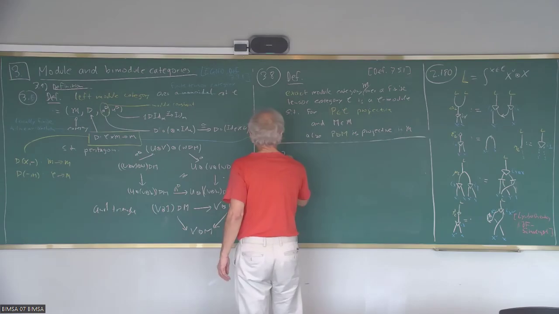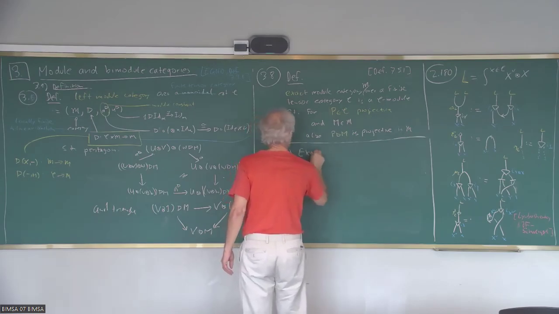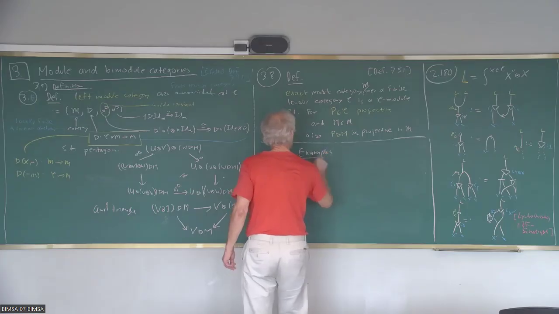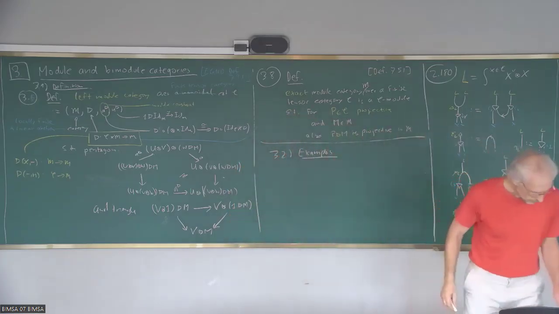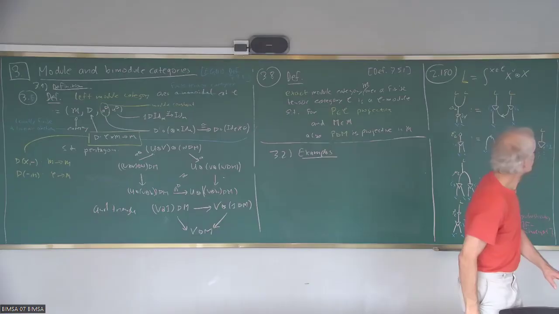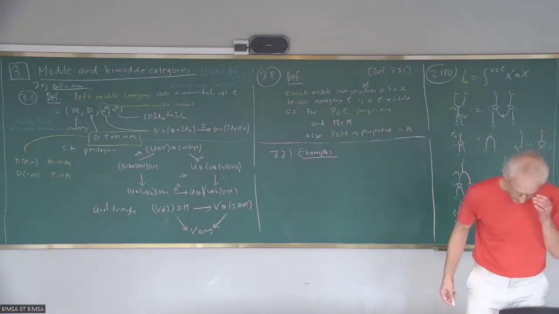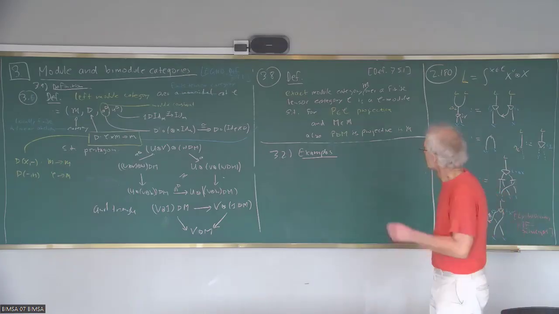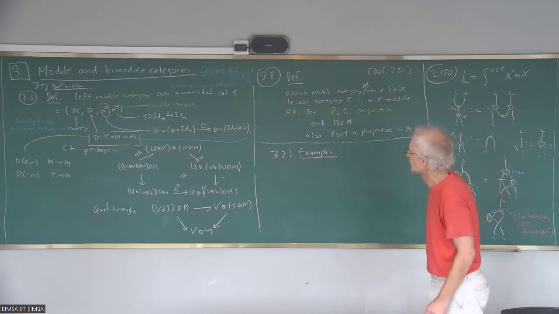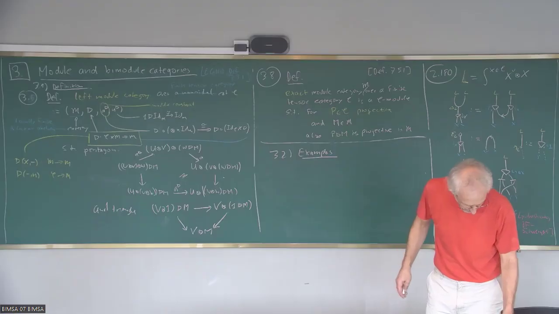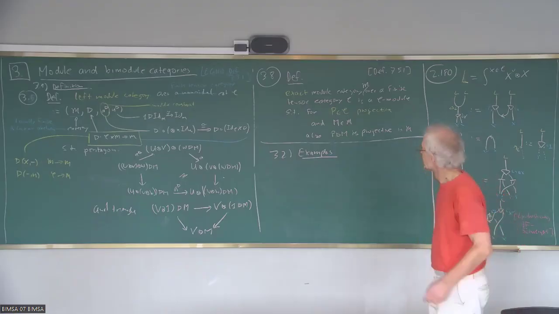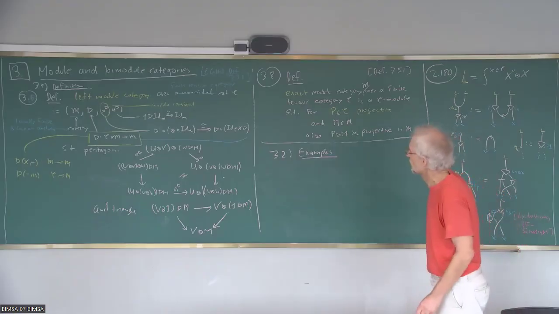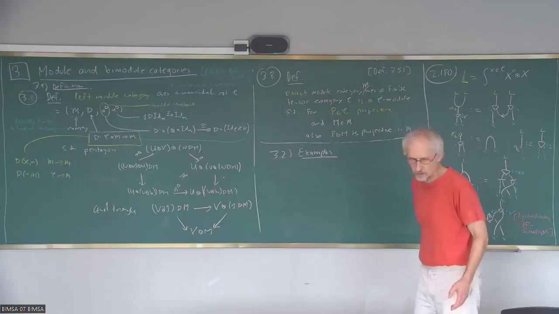Now we have a section 3.2, which is examples. Just to mention a few. In general, even having the right notions, it's hard to classify module categories and bimodule categories.